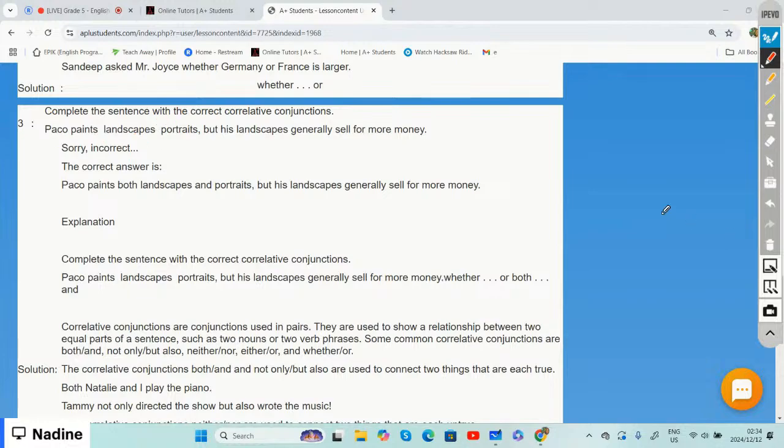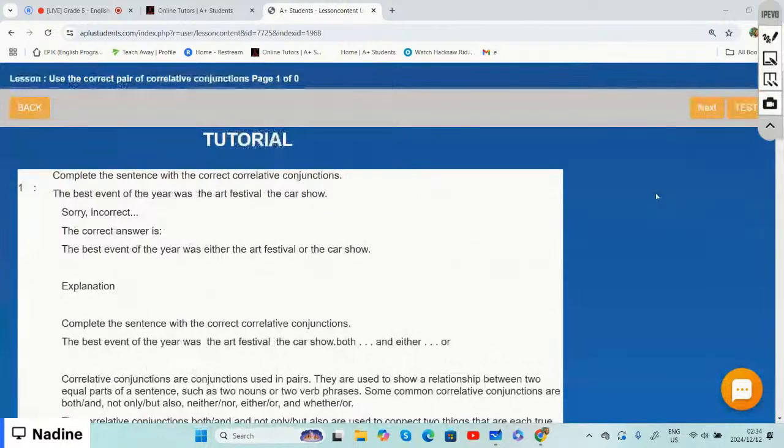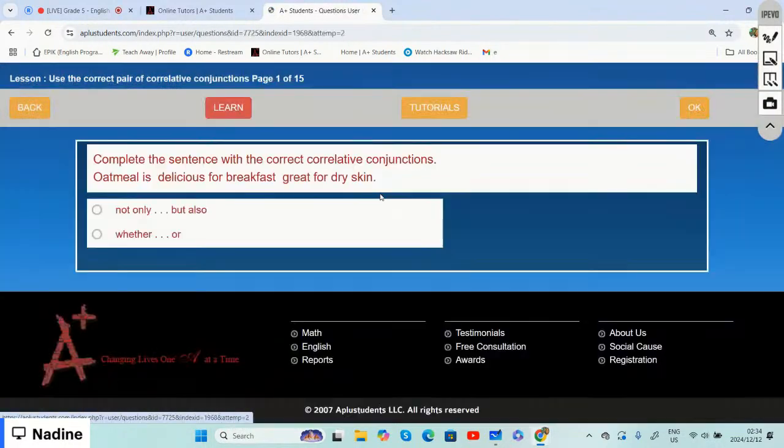All right. So now we're going to our test, where we are going to use the correct correlative conjunction. It says oatmeal is, do we say oatmeal is not only delicious for breakfast but also great for dry skin, or do we use whether or?